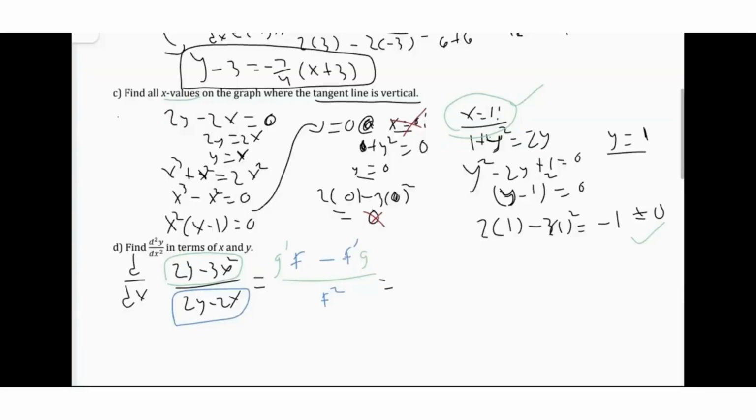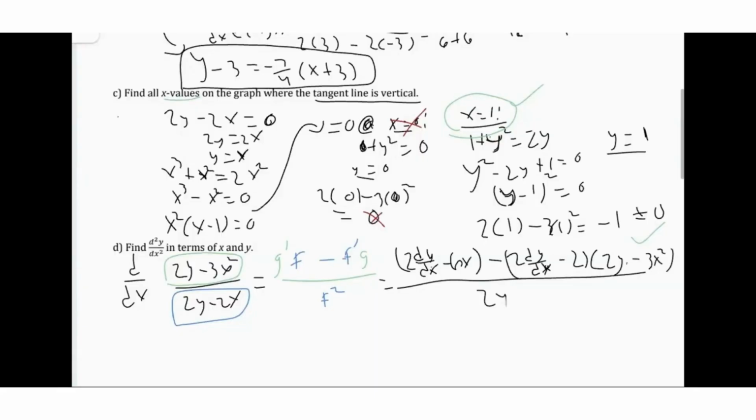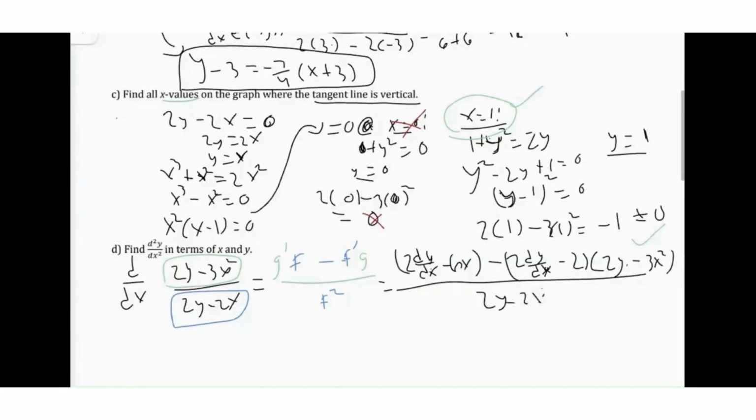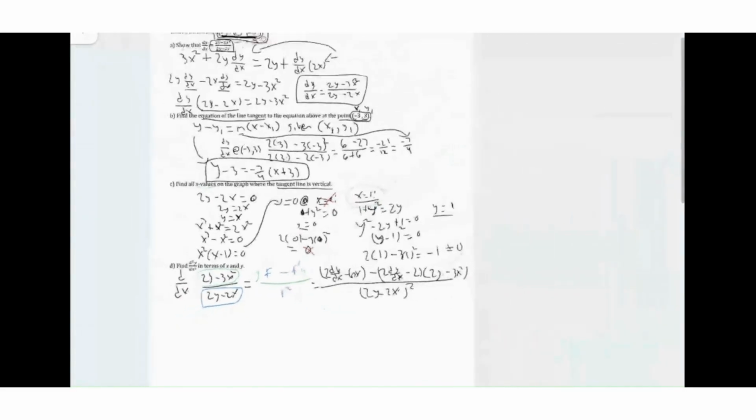So g prime is just 2 dy/dx minus 6x, minus f prime, which is 2 dy/dx minus 2, all times the numerator, all over (2y minus 2x) whole squared.